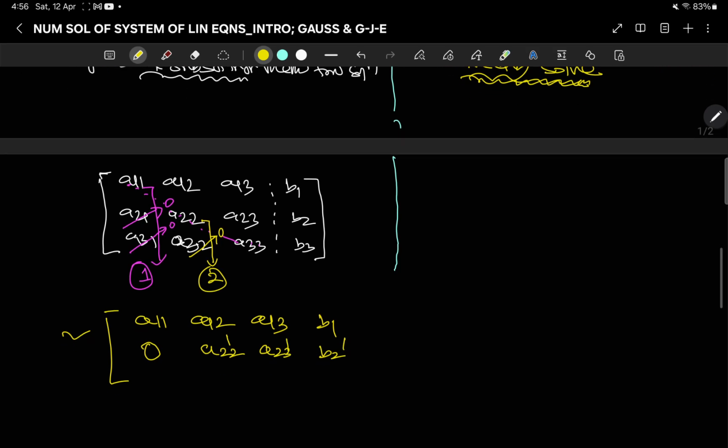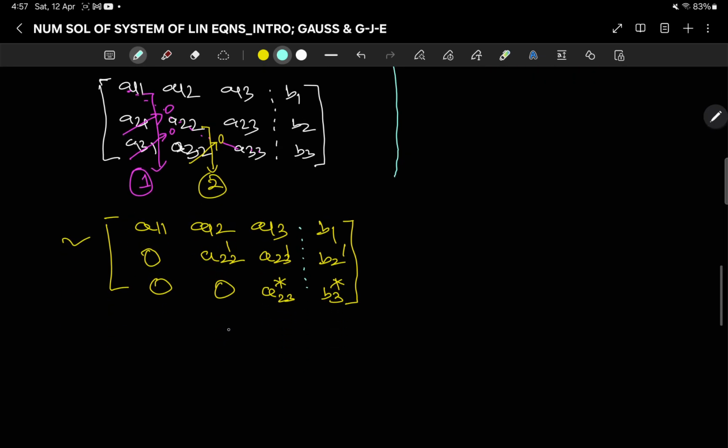And again here it is 0, and there will be certain change, A33 star and B3 star. Now by using the back substitution method you can solve it. Back substitution method means A33 star Z is equal to B3 star. Accordingly you find Z.